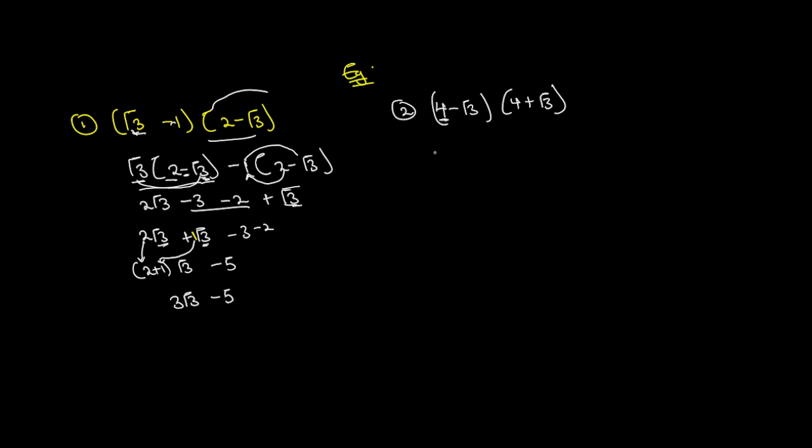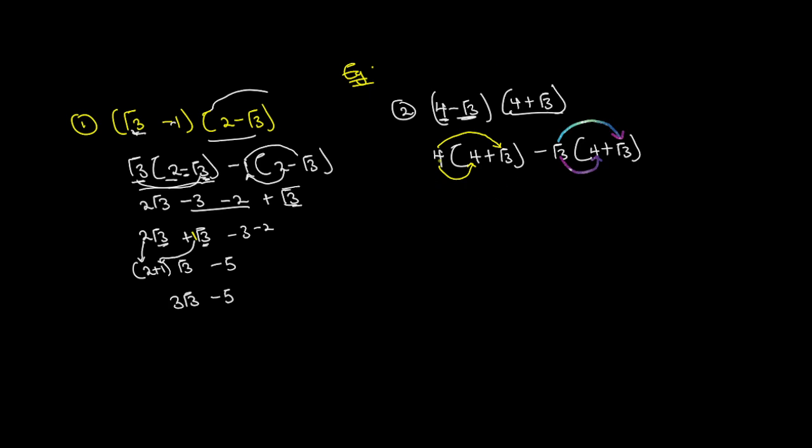We take this 4, then we multiply by the whole of this, 4 plus root of 3, and then we take this negative root of 3, and then we multiply by the whole of that, 4 plus root of 3. So this is how the expansion is done. This multiplying this, and when you finish, you are done with this part, and then this multiplying this, and when you are finished, you're also done with that part.